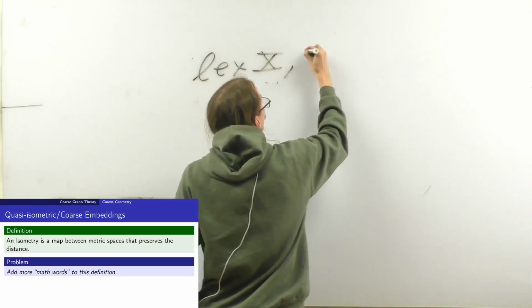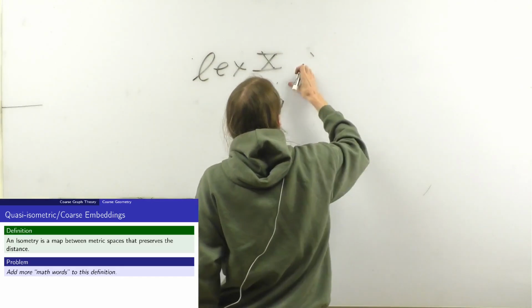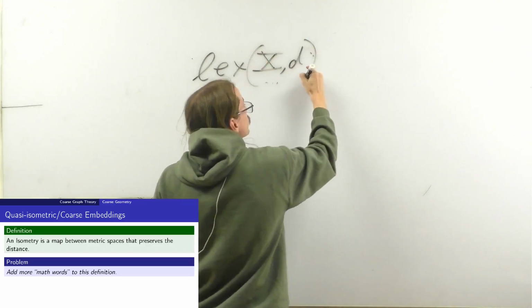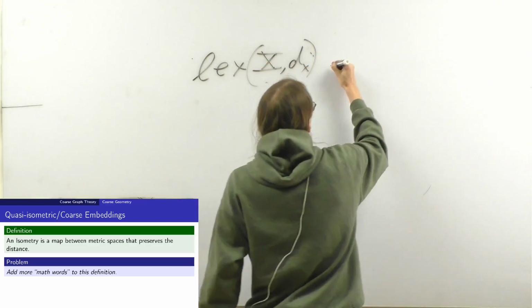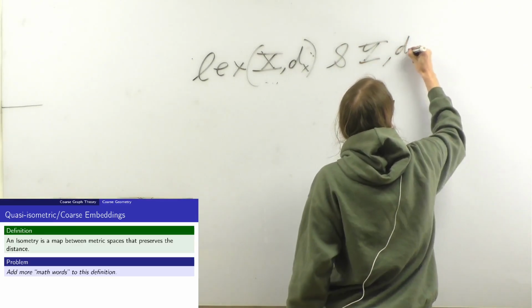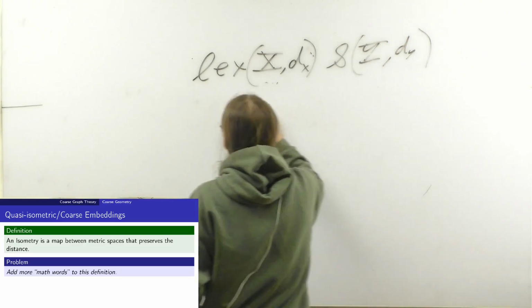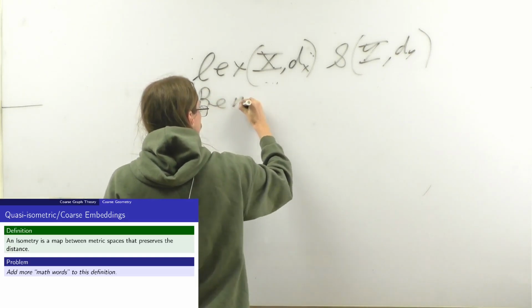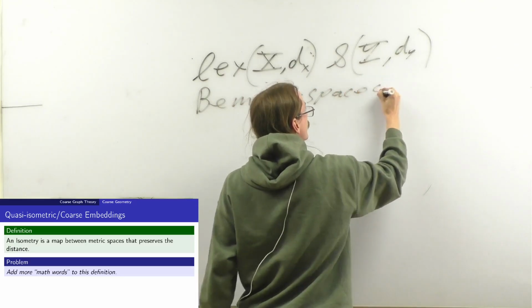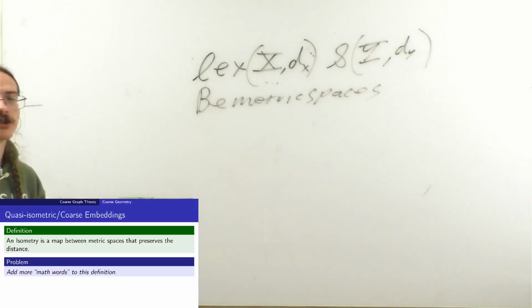X and Y. And these have to be metric spaces, so let's give them distances too. Let X with the metric dx, and Y with the metric dy, be metric spaces. Okay, great. We now have 2 metric spaces.